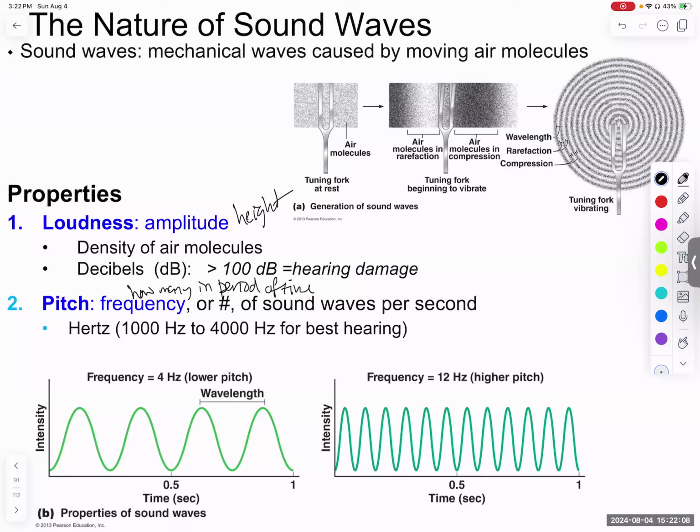The louder the sound, the bigger the amplitude or the bigger the height of the wave. And so it's going to be more dense, it's going to have more energy, so more vibratory energy, which is going to basically create a tsunami.